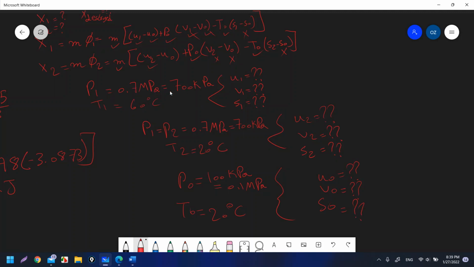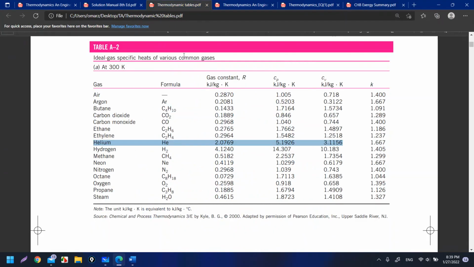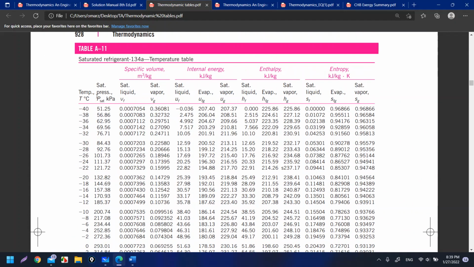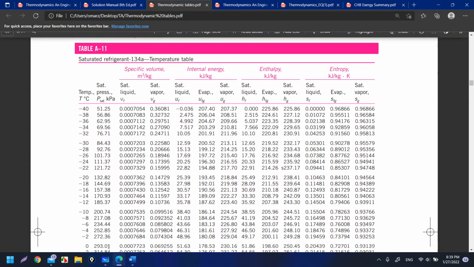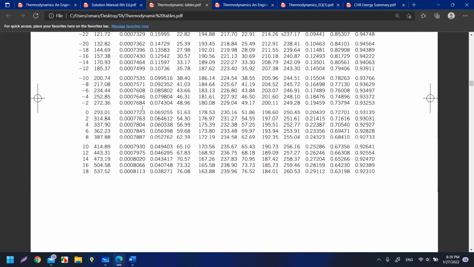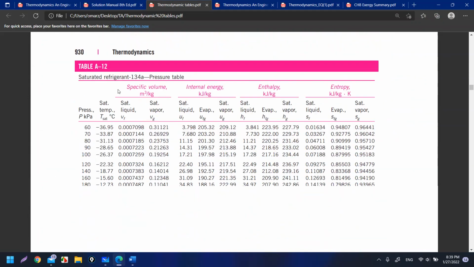P1 is 0.7 megapascal, 700 kilopascal. Let's go to the table. Thermodynamics tables, refrigerant. We will find it in table A11 until table A13, I think. We have P1, T1, 0.7 megapascal and 60 degrees Celsius. We will go for the pressure table, it is easier.